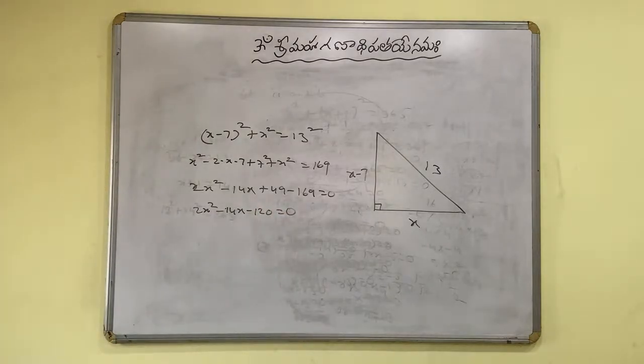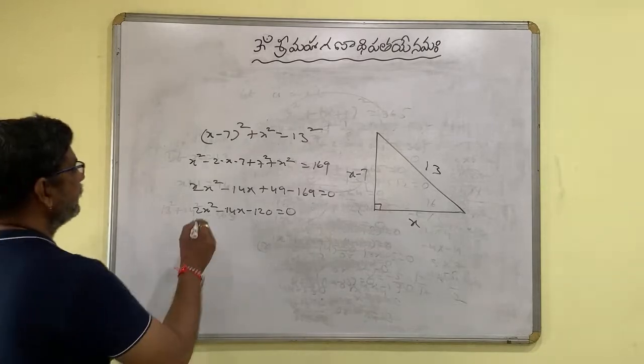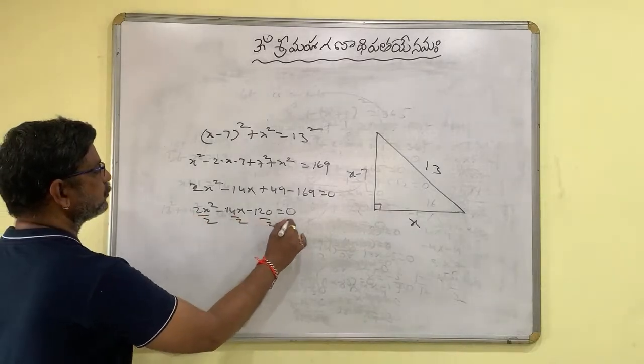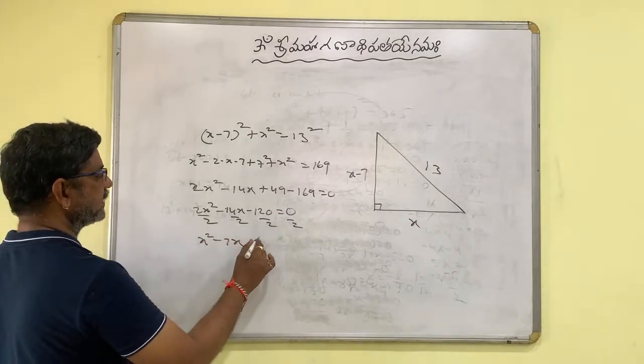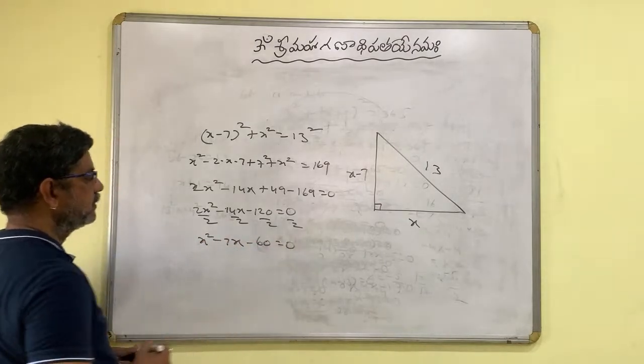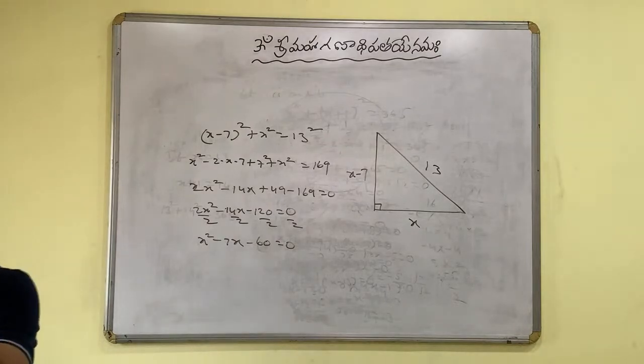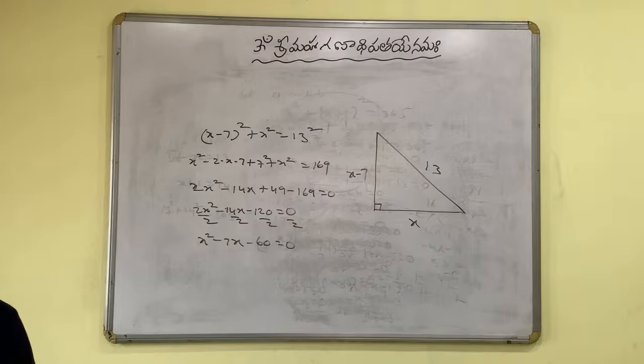Now divide by 2 on both sides. x square minus 7x minus 60 is equal to 0.